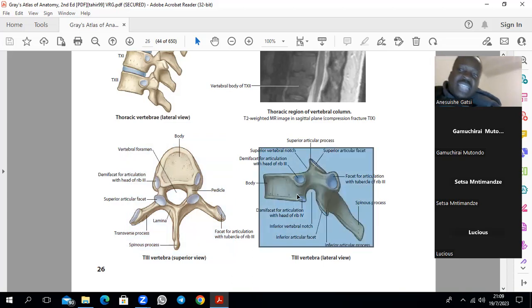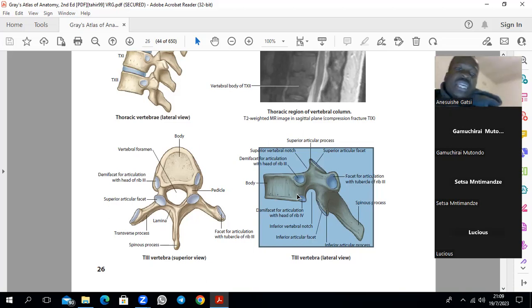It won't make sense now without including the ribs in our discussion, but there are only 12 ribs and they're only there in the thoracic region, with, of course, an exception of people who have a cervical rib or a gorilla rib, which we call a lumbar rib. When these ribs are present, they articulate with the vertebral column.